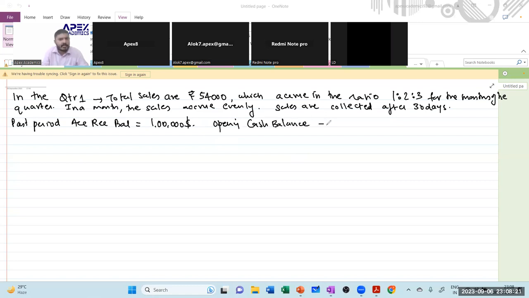Opening cash balance is equal to $15,000. Calculate cash in hand for January.